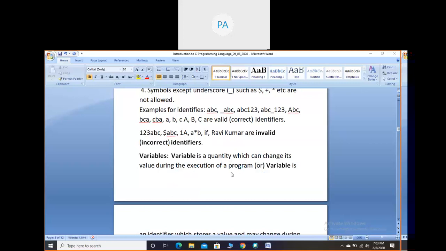For temperature, it changes during the day, within 24 hours, at any time. In a programming language, it will change during the execution of a program. From the first line to the last line of the program, at any time it can change its value, but it is not a rule that it should.